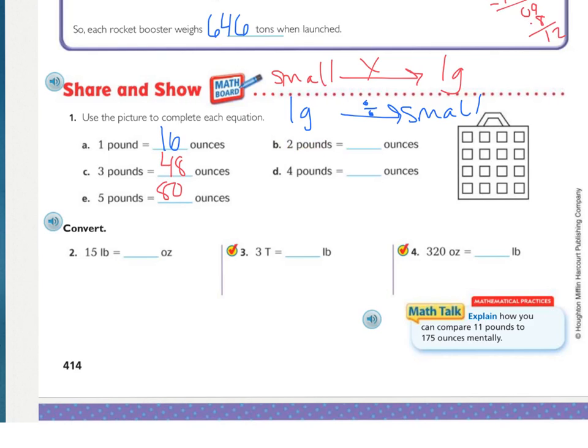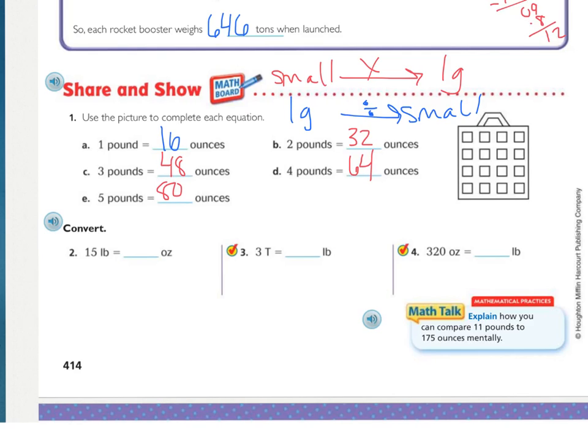Moving over here, 2 pounds. Oh, I went up and down instead of right and left. So 2 pounds is how many ounces? 32. 16 times 2. And then 4 pounds, 4 times 16 is 64.